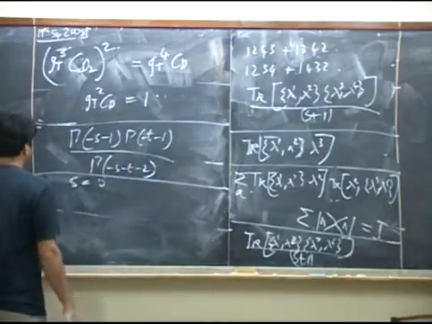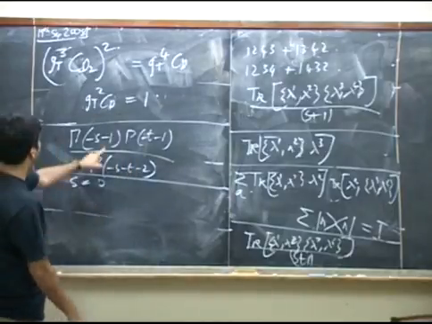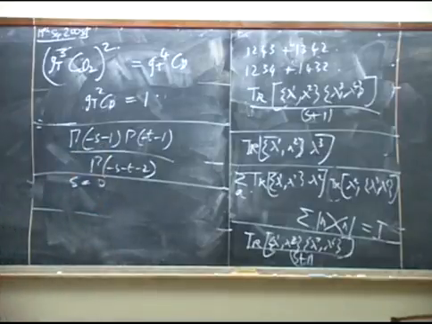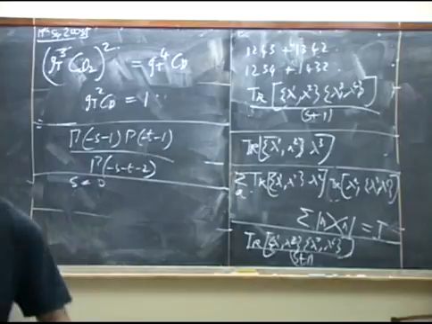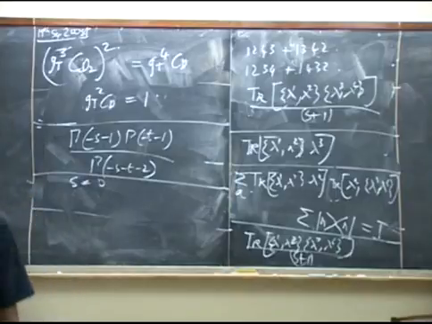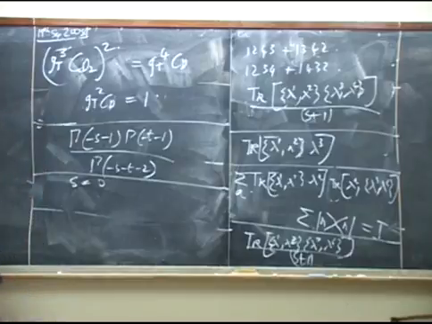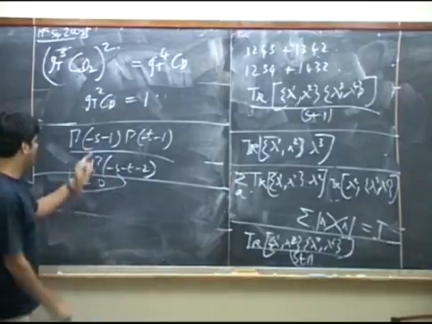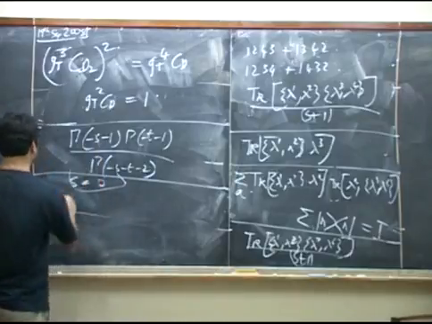Well, the first thing is that we get gamma of minus 1 rather than gamma of 0. The gamma of minus 1 is equal to gamma of 0 up to a factor of minus 1, using the identity that gamma of x plus 1 is equal to x times gamma of x. Okay? Not keeping track of signs again. So we get the same kind of pole, right? So this thing gives us a pole.